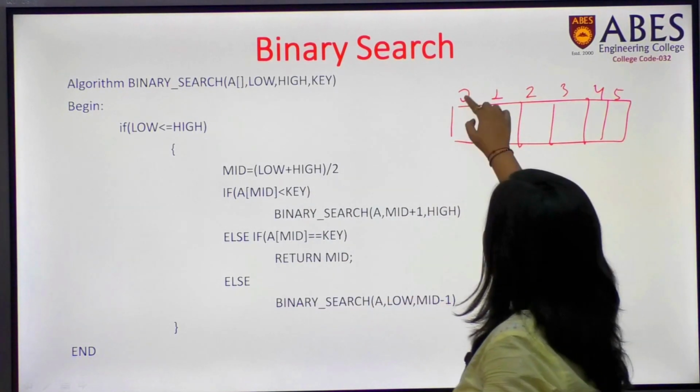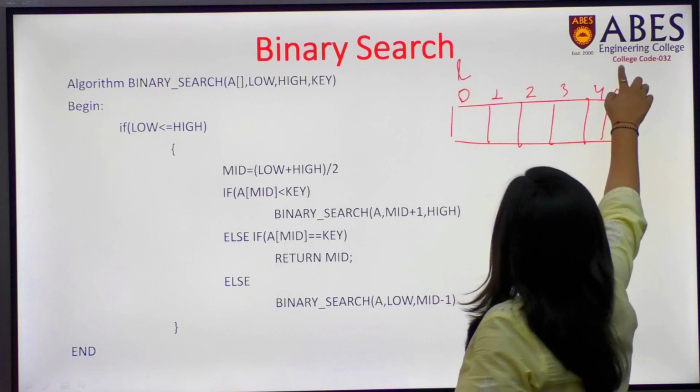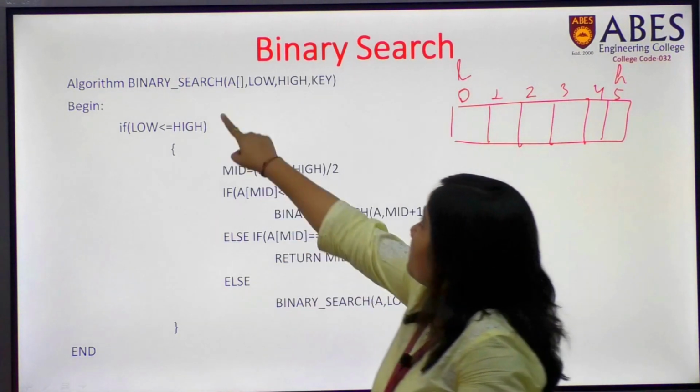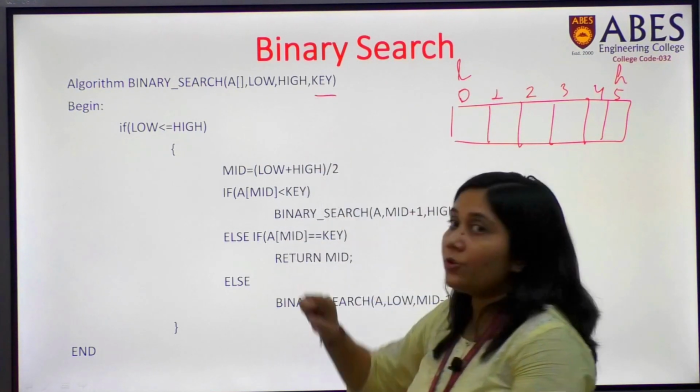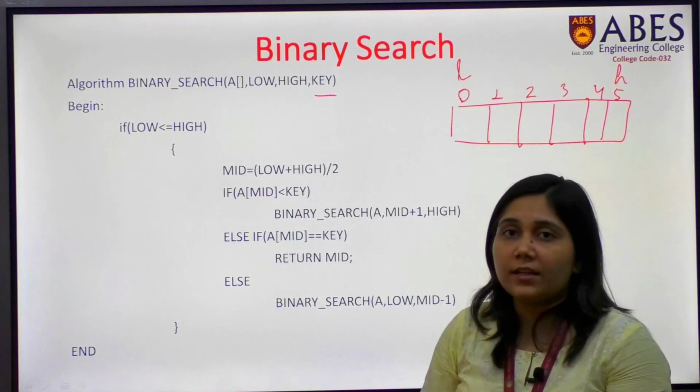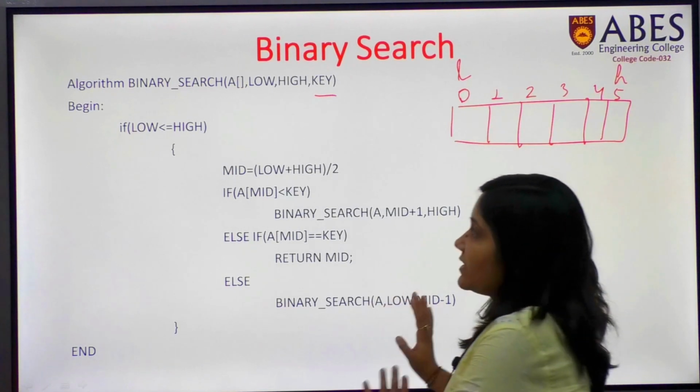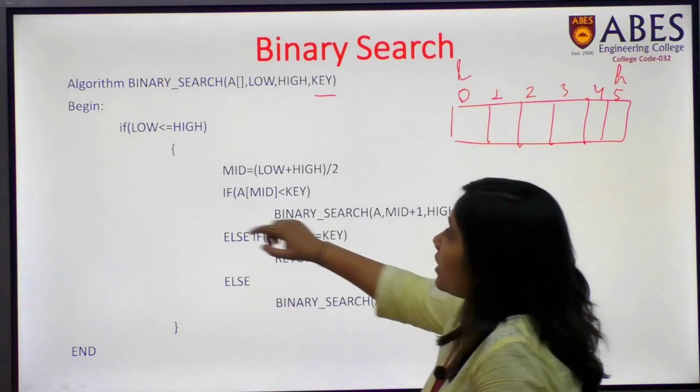This is my lower index and this is my higher index, and this is the key which I have to find out whether it is present in the array or not. This is just a basic idea of binary search.